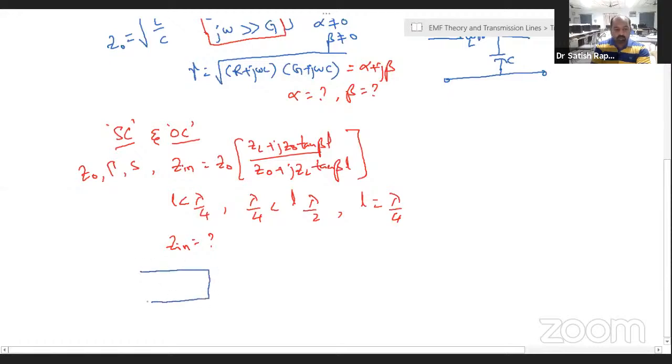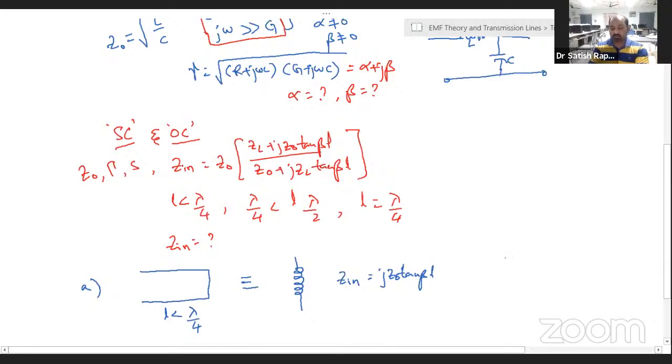Let us say this is A. When the length of the line is less than lambda by 2, its equivalent circuit is an inductance, and the input impedance is j Z0 tan beta L.